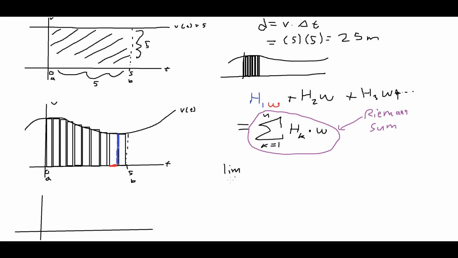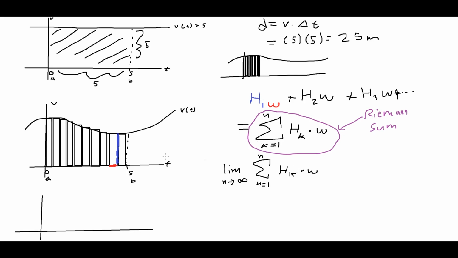So if we write that out, limit as n approaches infinity, n being the number of rectangles, of the sum from k equals 1 to n of hk times the width, height times width. Now you'll notice that as the number of rectangles approaches infinity, the width is also going to approach 0. These little rectangles, the width is going to approach 0 because they're getting infinitely thin.